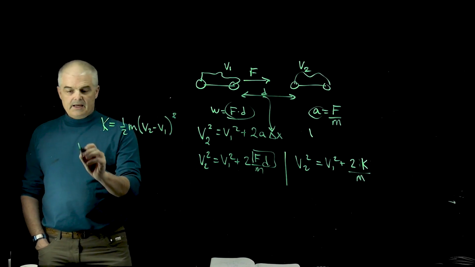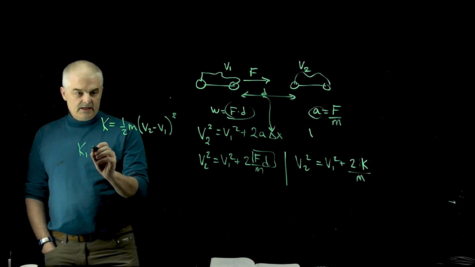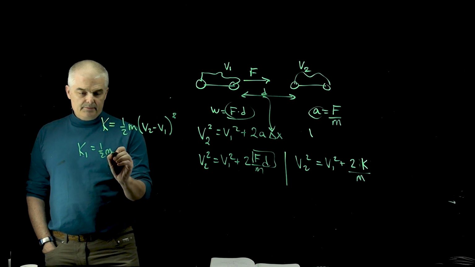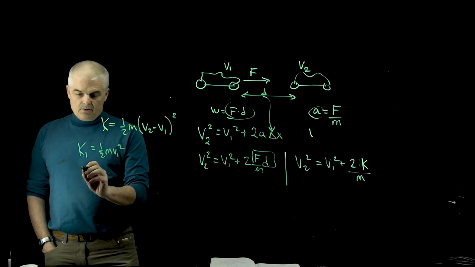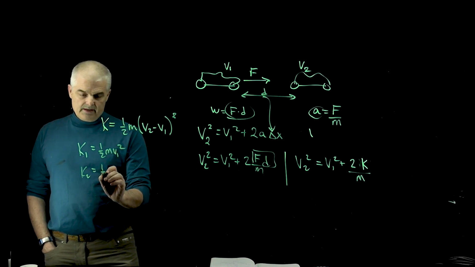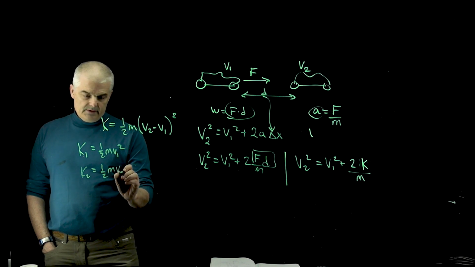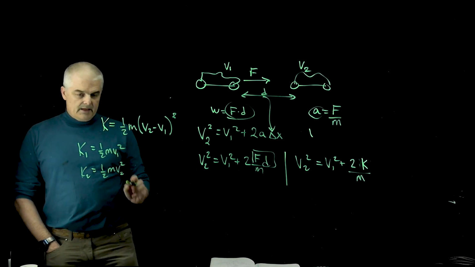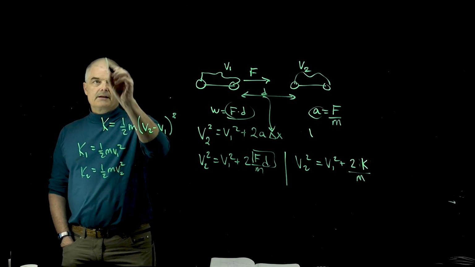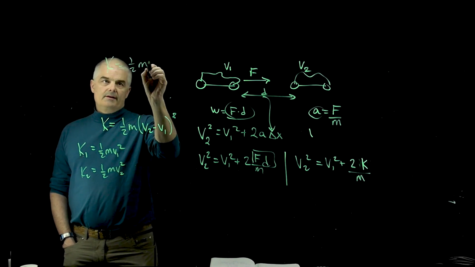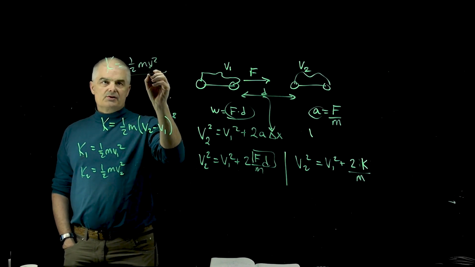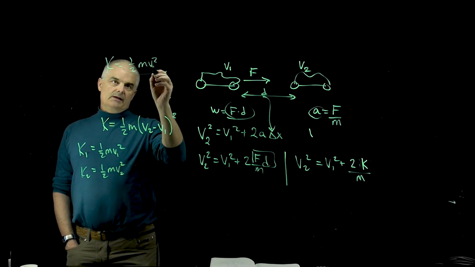Or we could say K1, the initial state, is equal to 1/2 m v1 squared, and K2 is 1/2 m v2 squared. And this is really the big equation. Basically, kinetic energy is 1/2 mv squared. It's really the change in the velocity.